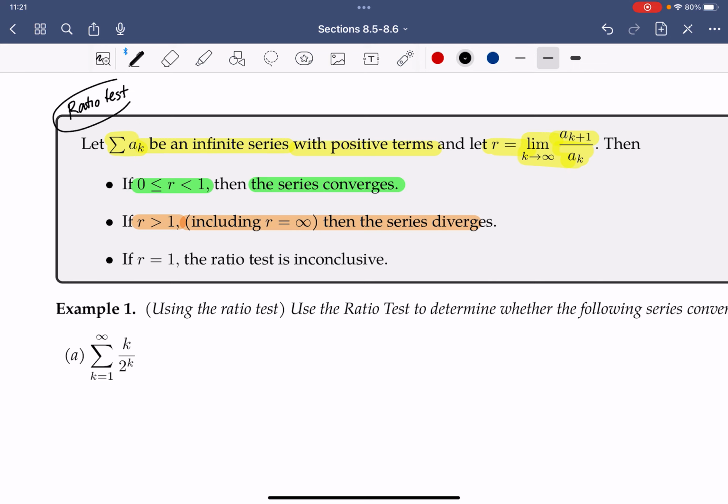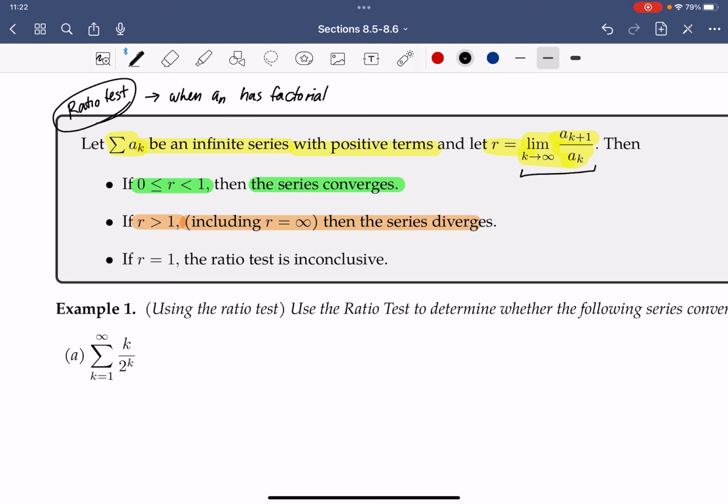Why is it so powerful? Because when you see something where it's easy to compute the limit of a_{k+1} over a_k, you can apply the ratio test. The thing you're going to use the ratio test for a lot is when a_n has a factorial.